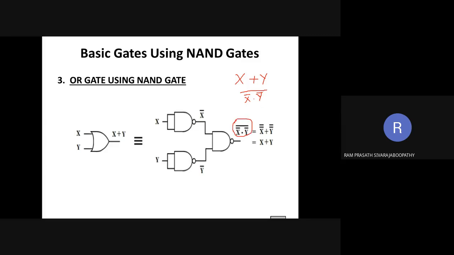Correct? X bar dot y bar the whole bar. To perform x bar, we are using one NAND gate. To perform y bar, we are using another NAND gate. Fine. Now it is a dot b whole bar. To perform that, we are using the third NAND gate. Fine. So the final expression becomes x plus y.